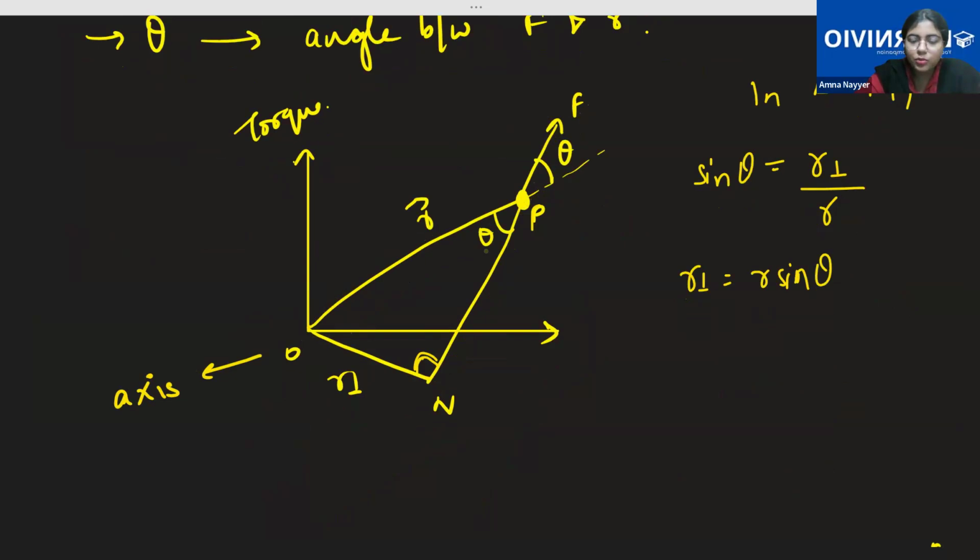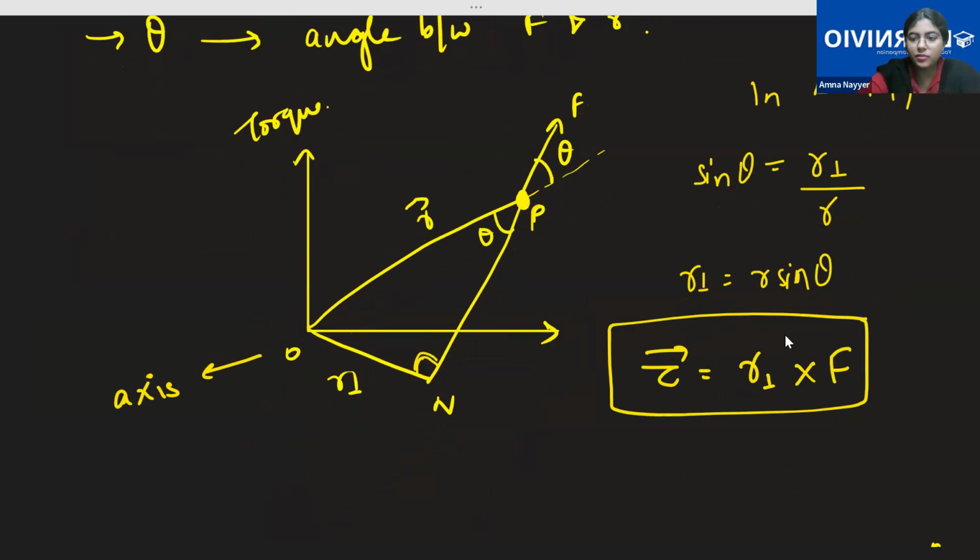Now see, the formula of torque is basically R perpendicular cross F. R perpendicular means the radius vector has to be perpendicular to the force. So what we do, we take the line of action of force, where the force is acting.